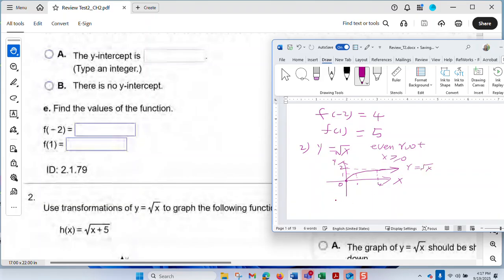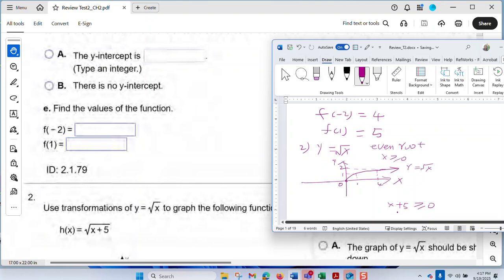Okay, and then I have h of x is the square root of x plus 5. Since this is under the root, this is moving in the x direction. And x plus 5 will also need to be greater than or equal to 0, right?